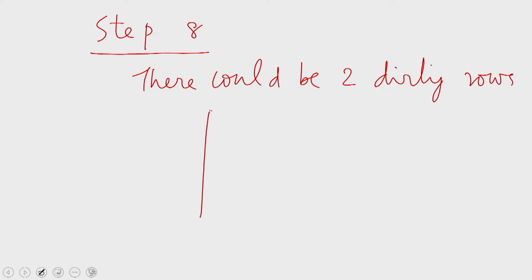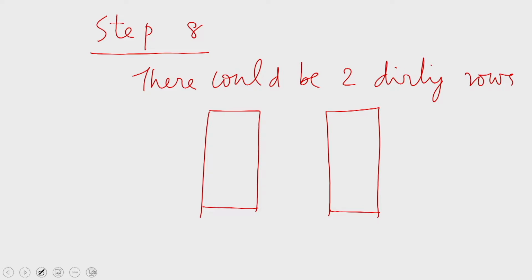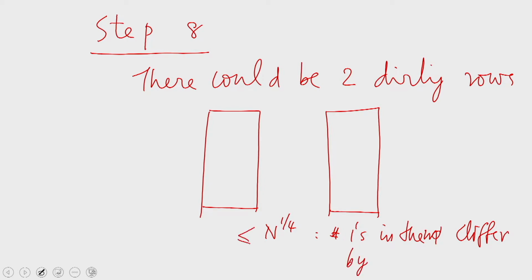But we know that when we consider two vertical slices, the number of ones in them differ by at most n^(1/4). Therefore, in the entire mesh, now when I have sorted the rows, consider a dirty row that has been sorted now.